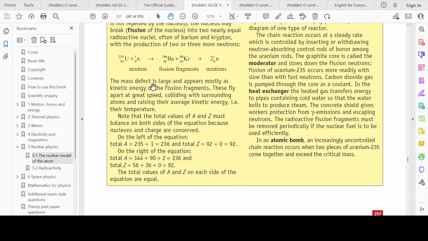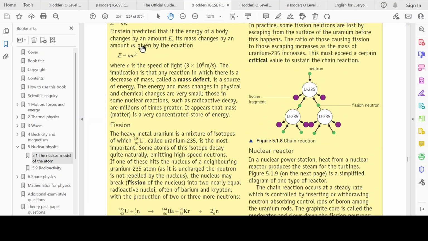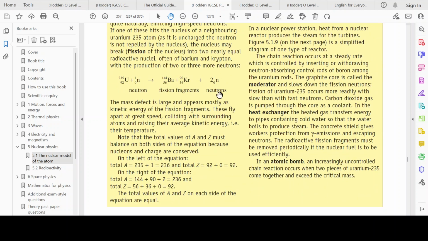The mass defect. Now they talk about mass defect. They're not talking about mass defect in the O level because they didn't talk about this equation, right? So this is for IGCSE, and that too for the extended syllabus. So the mass defect is large and appears mostly as kinetic energy of fission fragments. They do talk about that, but they don't use the term mass defect.